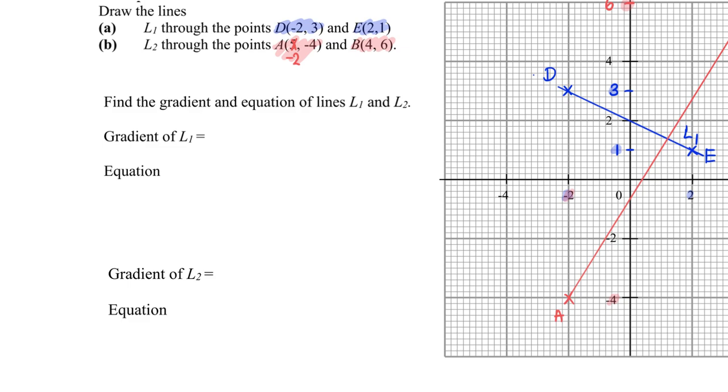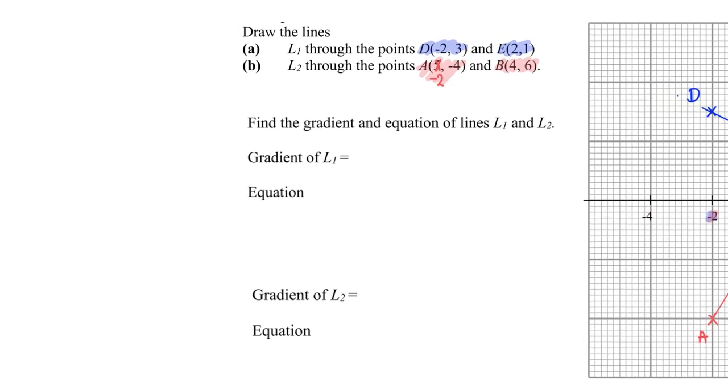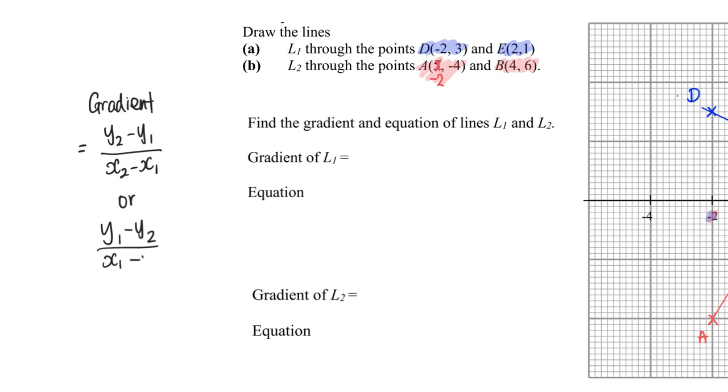Okay, so I hope you all still remember how to find gradient. The general formula here would be, given any 2 points, y2 minus y1 over x2 minus x1, or y1 minus y2 over x1 minus x2.